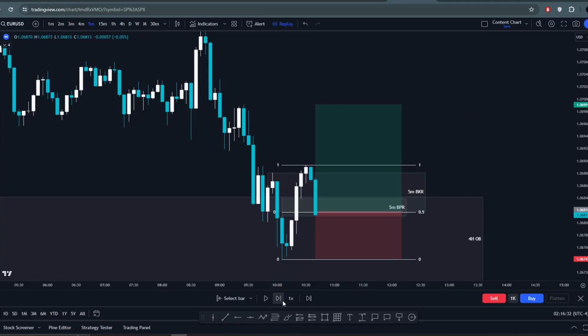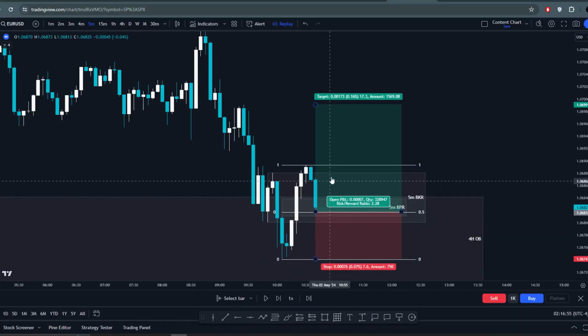Let's wait for the price. We want to see this breaker block provide support to the price. We don't want to see it be disrespected. As we can see, the price reached into that 5-minute BPR.